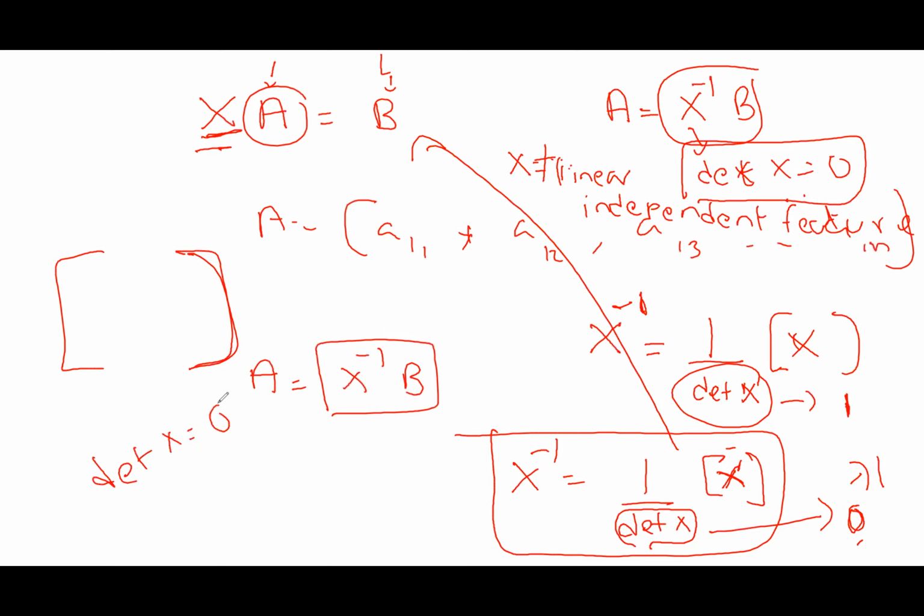If the determinant is 0, that means some of these features are dependent on each other. So instead of sitting and plotting graphs, going through the pain of seeing whether it is linearly independent or not, the mathematics will tell you whether it is linearly independent or linearly dependent.